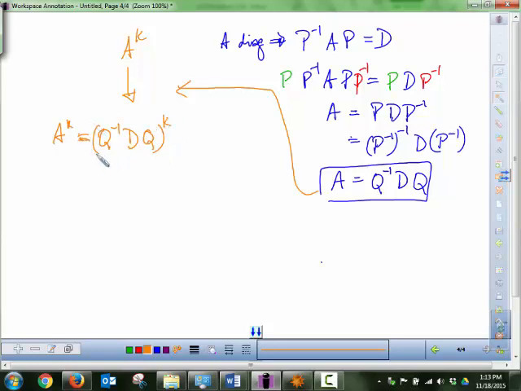And what does Q inverse DQ raised to the K power mean? That means you take Q inverse DQ and multiply it with itself K times.